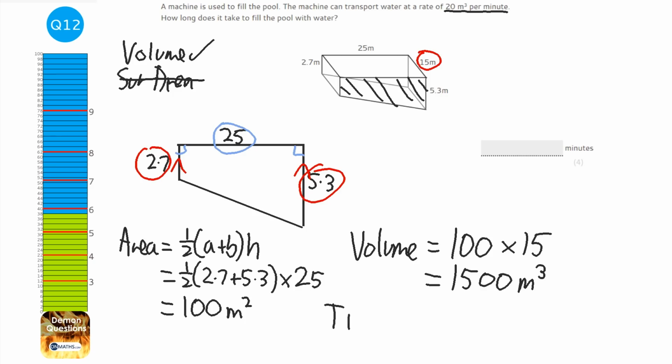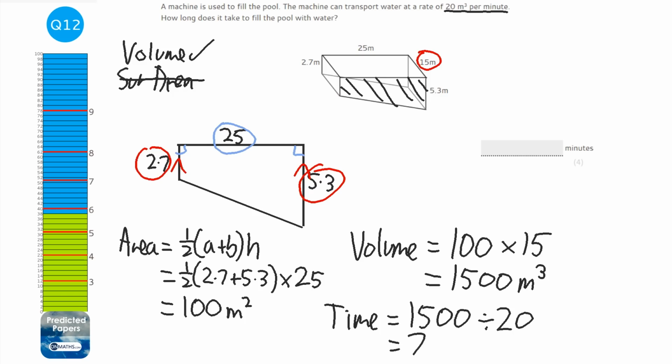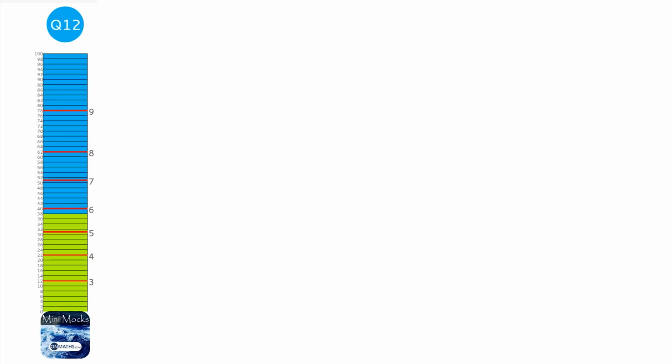So we can say time equals this, how much it's got to fill, divided by this, how much it does per minute. On the calculator, 1,500 divided by 20 equals 75 minutes. So it's going to take 75 minutes to fill the pool.